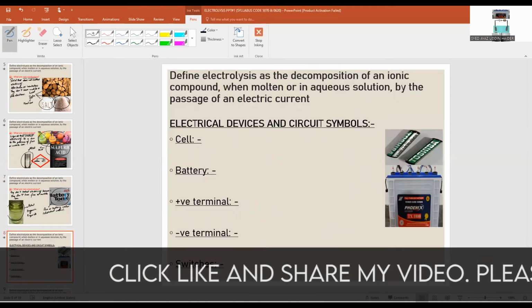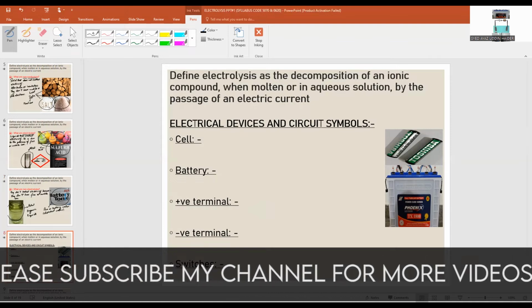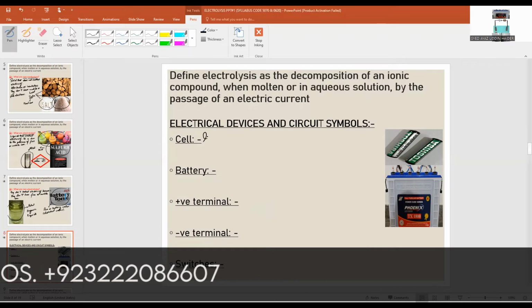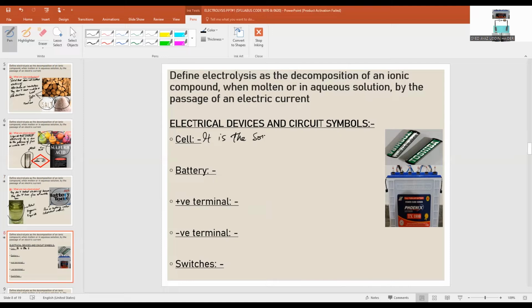Now I will talk about the electrical devices and circuit symbols. In an electrolytic cell, the source of current is a cell. On the right hand side, these are two cells. A collection of cells is a battery.